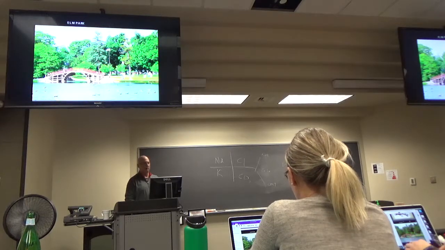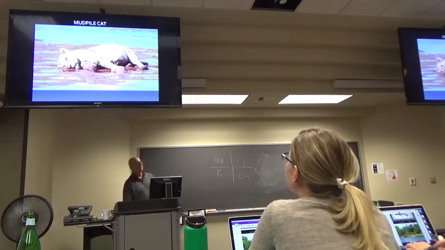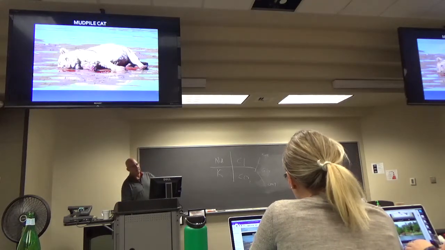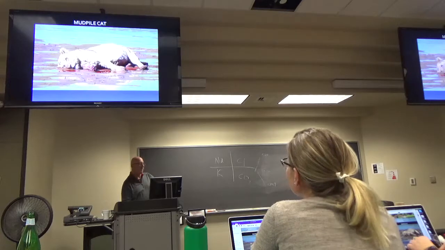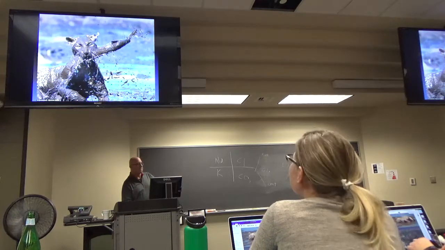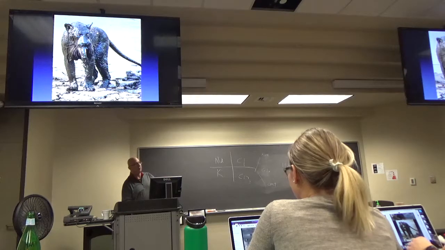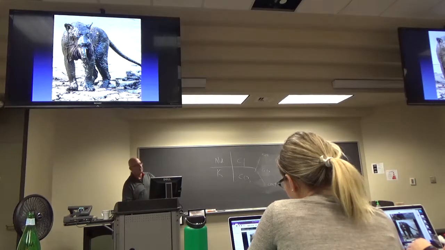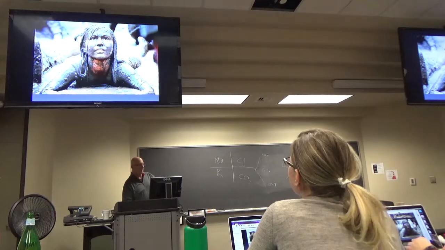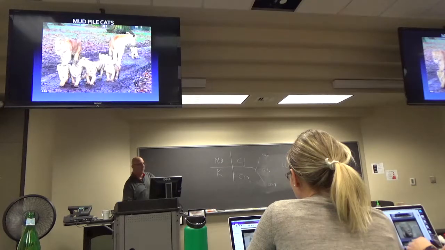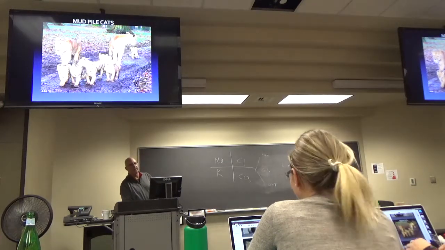It's a horrible mnemonic, don't write that one down. This is one called Mud Pile Cat. I used to use Mud Piles Cat. This is the one I use now, Mud Pile Cats.